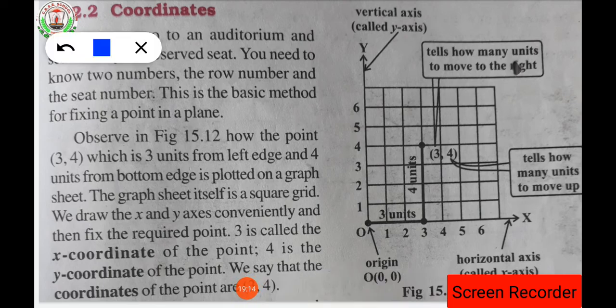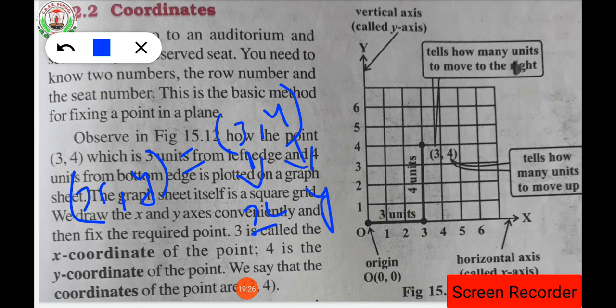See, first x comma y is called coordinates, here 3 and 4. This is the value of x and this is the value of y. Looking at x value 3 on the x axis, making a dot over there.